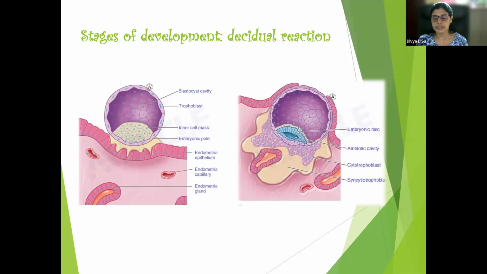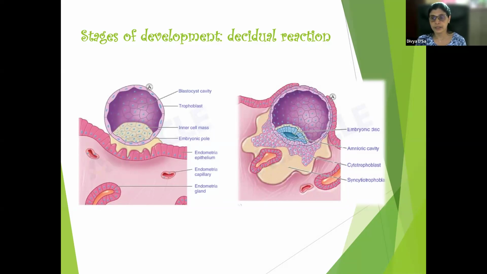First, understanding the decidua. With the disappearance of the zona pellucida, when the blastocyst is embedding within the endometrium, it initiates a decidual reaction within the endometrium. Now the endometrium has 3 layers, isn't it?